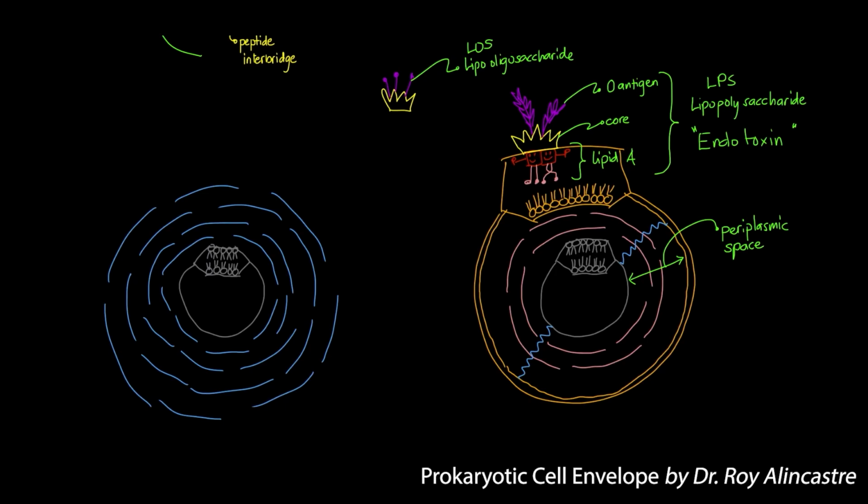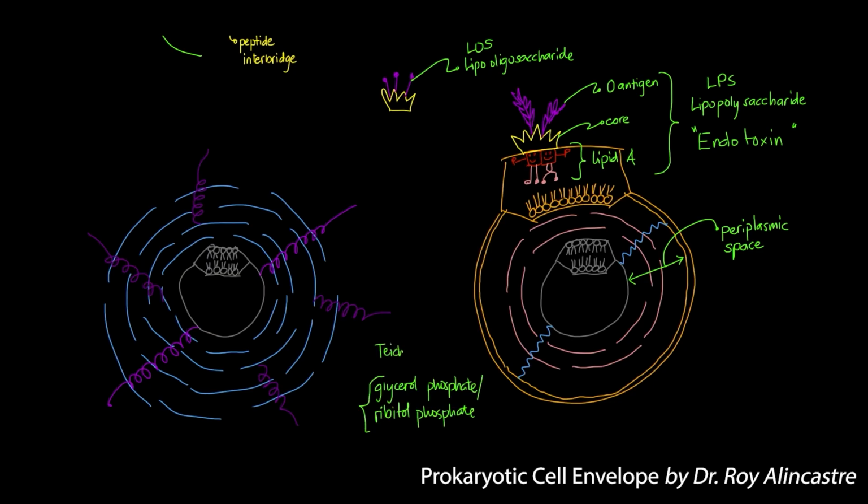Okay, now let's go back to the other cell. Now, this cell doesn't have feathers or fancy headdresses, but it has long, curly antennas that span the cell wall, and which are made up of glycerophosphate or ribitol phosphate residues, and they are called teichoic acids. Now, there are two types of teichoic acids, no?